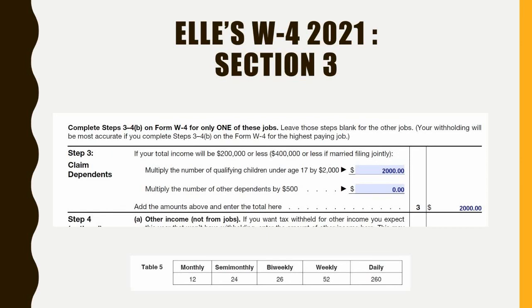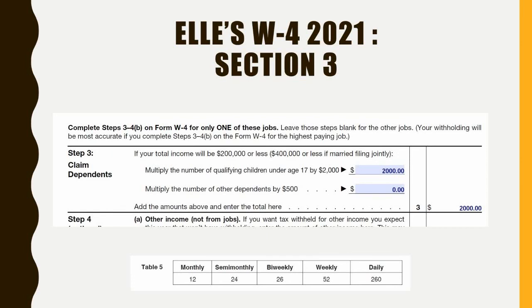Because it's $2,000, we also have to determine how many pay periods she's going to have, because this $2,000 is for the whole year. I know, shocking. A child does not cost you $2,000 a year, but that's what the government depicts it as. They let you claim that $2,000 for that child.